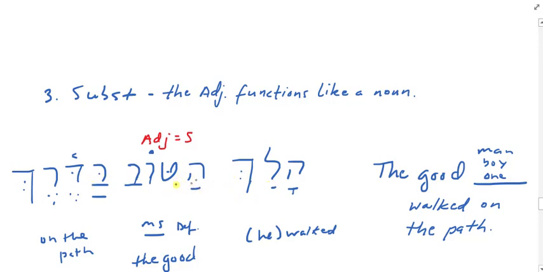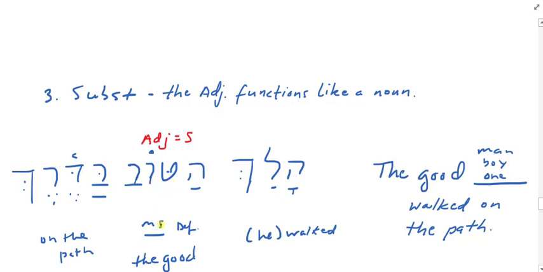But what in the world does that mean? Well, what it means is when you have a substantival adjective, it means that the gender and number of that adjective is understood and presupposed by the speaker who uses that attributive adjective. The gender and number is going to be determined by what that attributive adjective refers to.